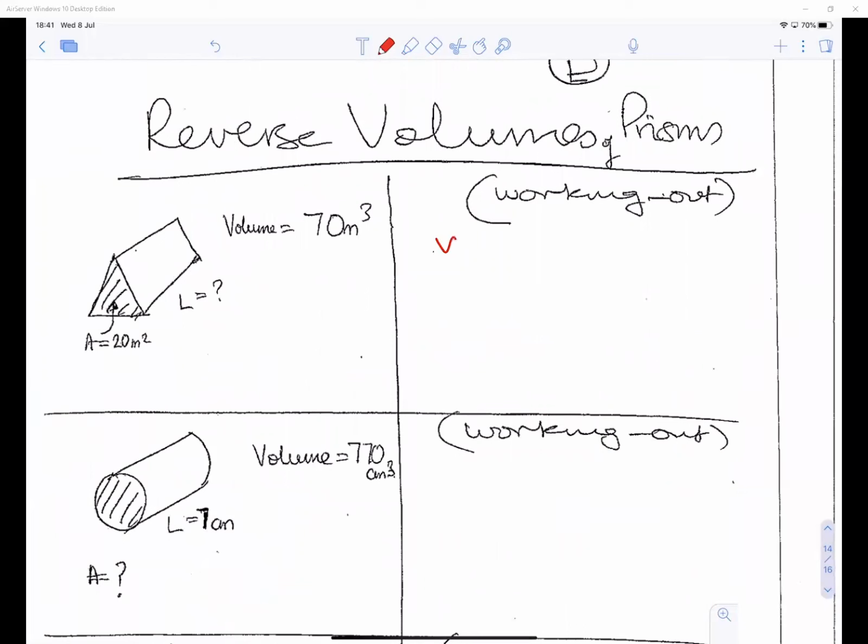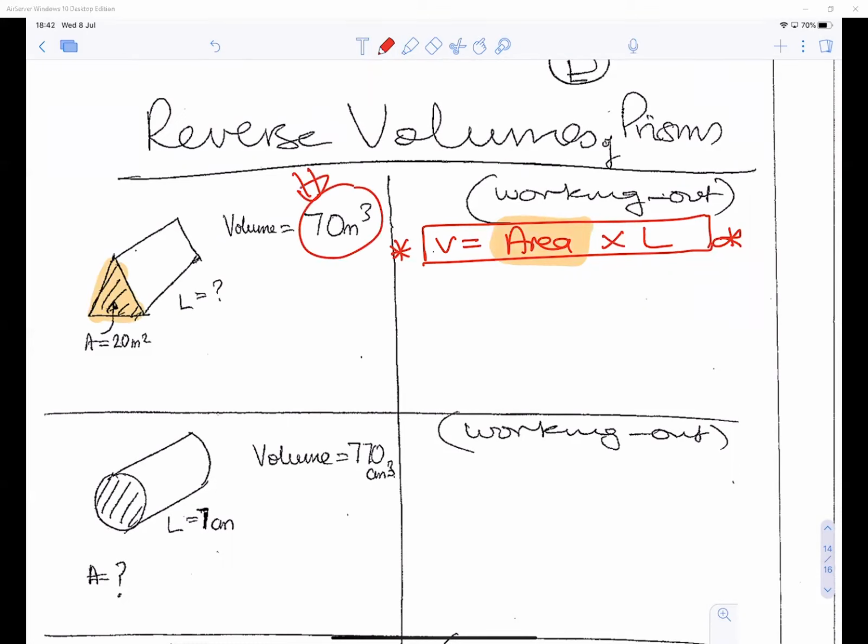What do you start with first? The volume, area times length. The area of which part? The area is the shaded part. Area of the shaded part, which is called the cross section. Okay, now what is the volume in the question?